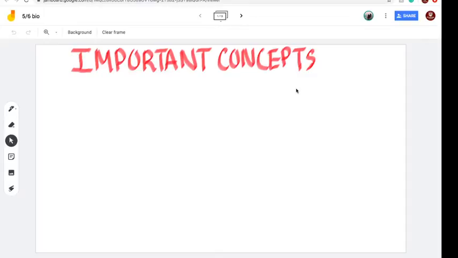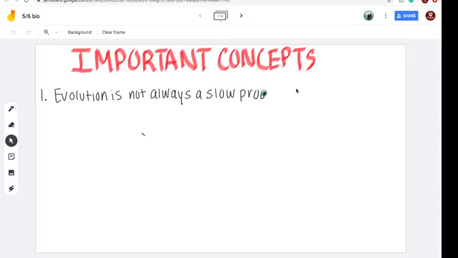important concepts of evolution. So first, evolution is not always a slow process. We saw that evolution is usually a slow process.